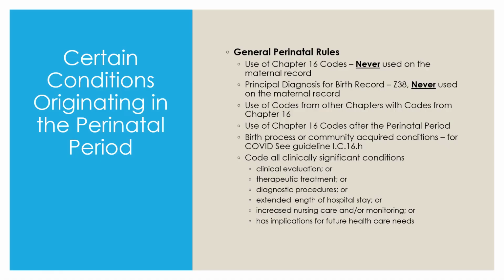Number five, birth process or community acquired conditions. If a newborn has a condition that may either be due to the birth process or community acquired and the documentation does not indicate which it is, the default is due to the birth process and the code from Chapter 16 should be used.